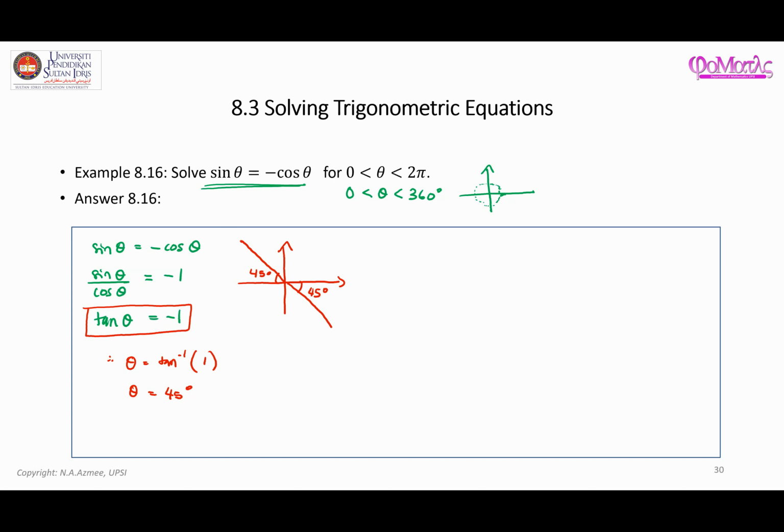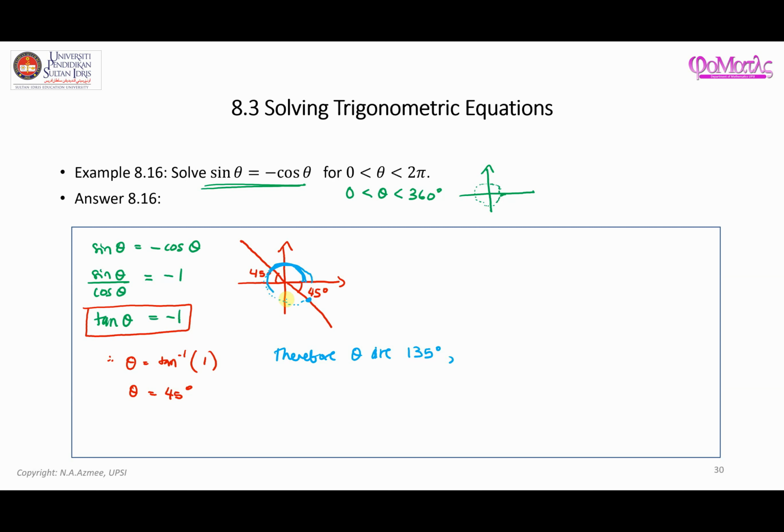Now we are going to list down the values of theta. So therefore final answer. So therefore theta, this one from this to this point, which is 180 minus 45, which is 135 degrees, and then it continues on up to this point.